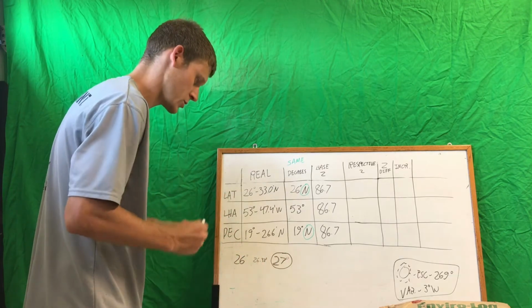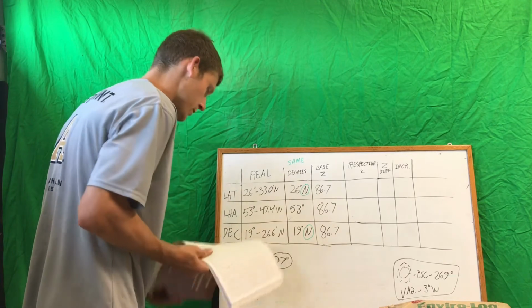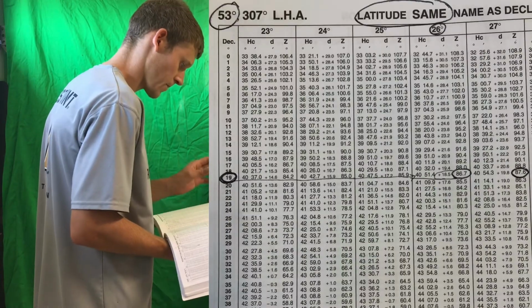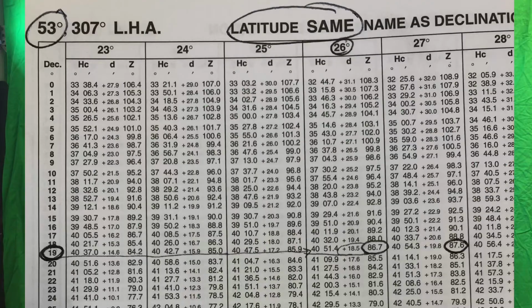So I'll put the picture back up, but just scroll through the book how I said. Open up the book to the LHA page that we're finding, and then look up at the latitude. This time we're solving for 27 degrees because 26 degrees 33 minutes is between 26 degrees and 27 degrees.